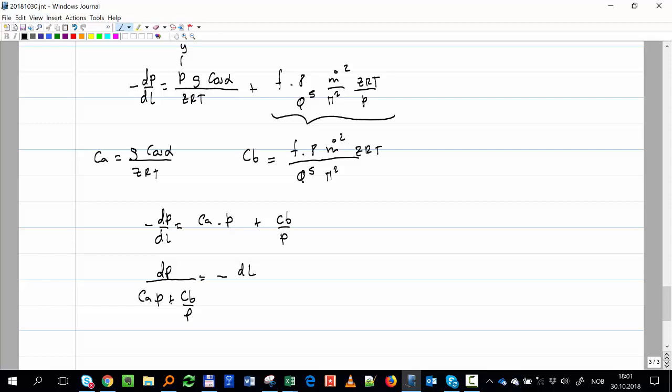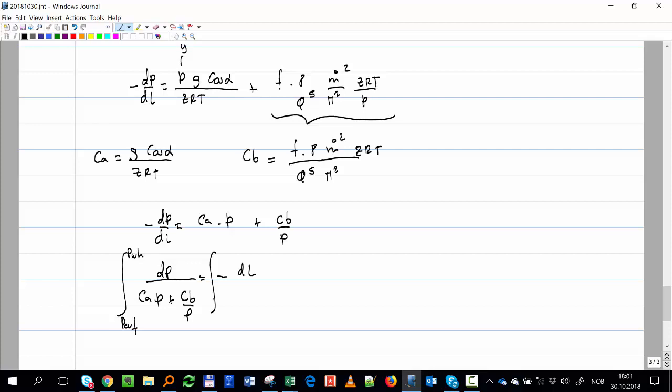Now the next step: I integrate. Where am I going to integrate from? This is in the tubing, so I'm integrating from the inlet of the tubing. How do we call that point? Flowing bottom hole pressure, P_wf, all the way to P_wh, the wellhead.